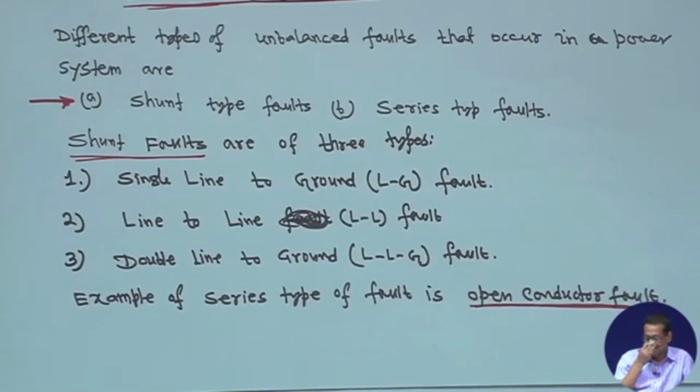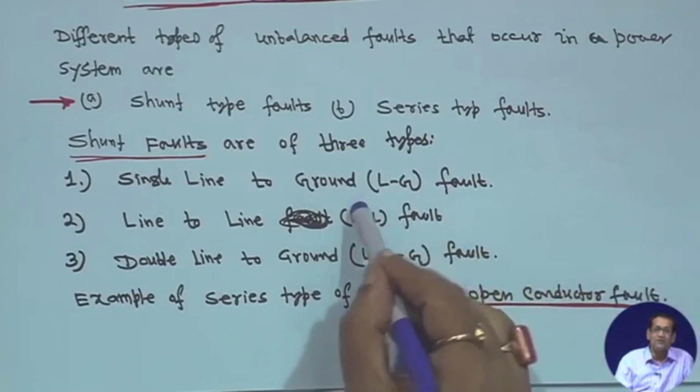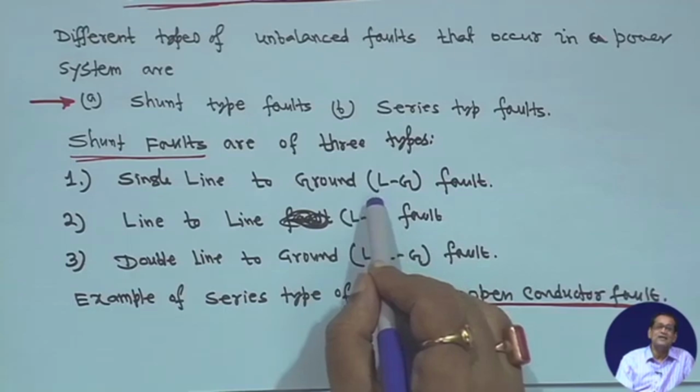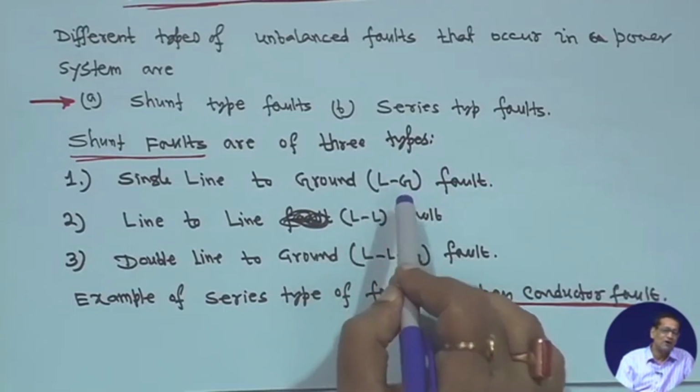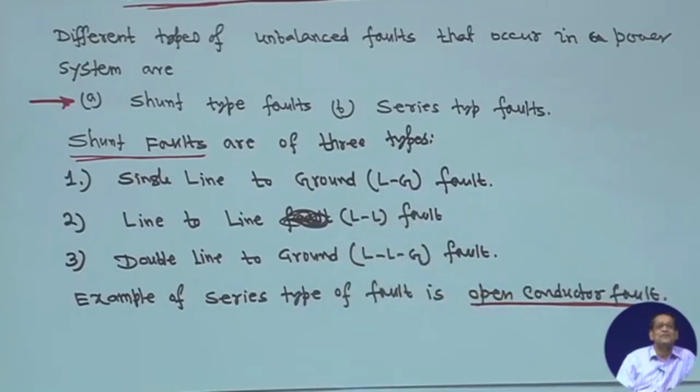So, these 3 faults are very common, and as you know, for a 3-phase short circuit the fault current is very high, but sometimes for a single line to ground fault the current is also as severe as for a 3-phase fault, if the fault occurs near the generator terminal. The single line to ground fault, if it happens near the generator terminal, then the severity will be almost like the 3-phase fault current, right.